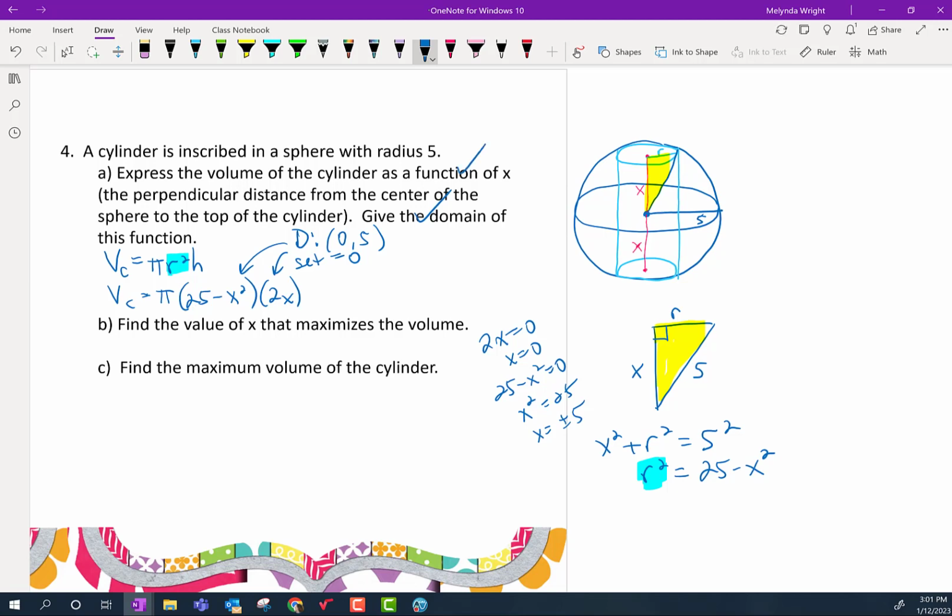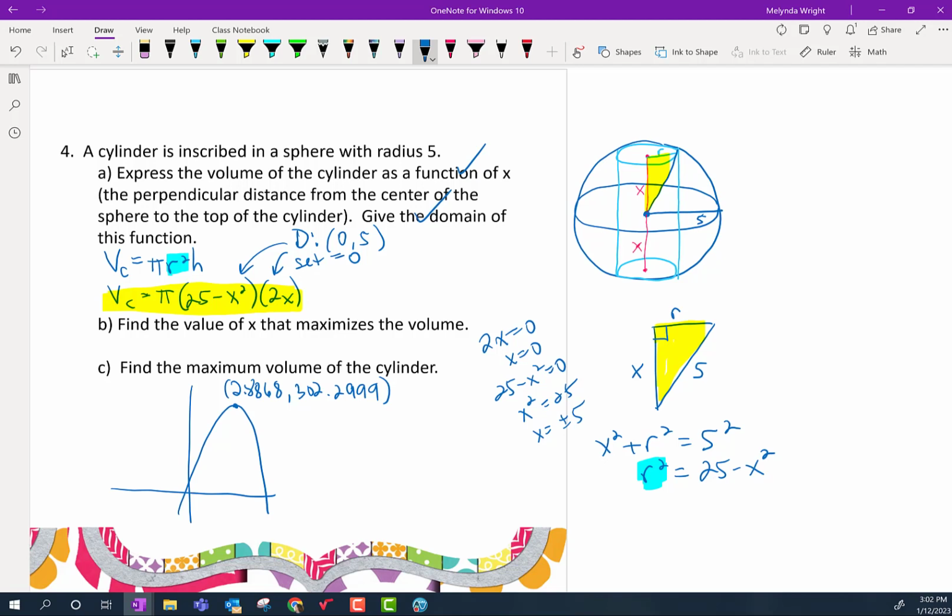All right, part B, find the value of x that maximizes the volume. This is my equation right here, the one I've highlighted in yellow. I would put this in my calculator. I'm not going to pull out my calculator, I'm just going to show you. I would get something that looks like this, and the maximum point is 2.8868, 302.2999.